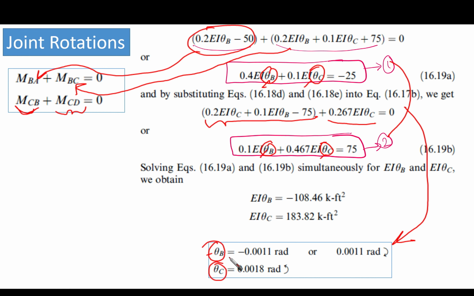Take care of the sign convention. Theta B, when we calculate, we found to be minus 0.001 rad.